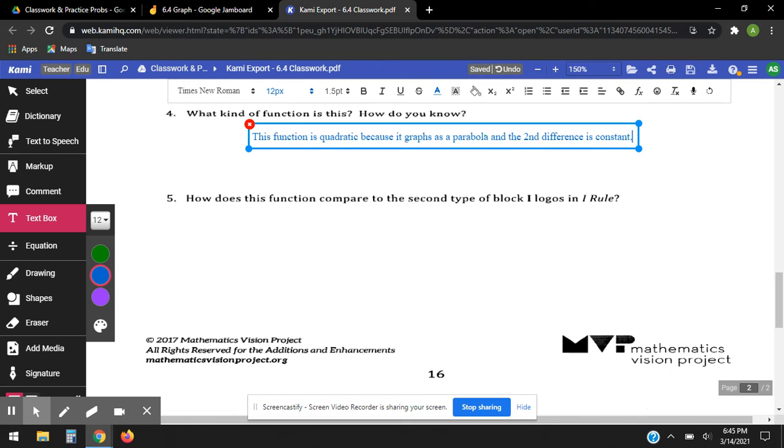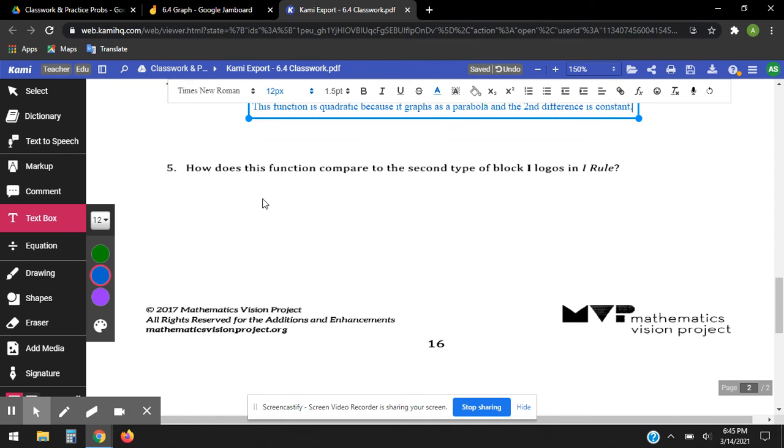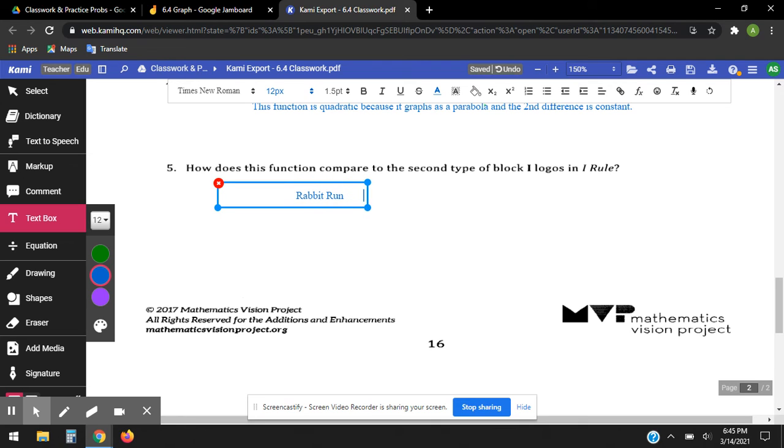How does this function compare with the second type of block logos in I rule? Okay, so let's make up a little bit of a table here. Makes it easier to do these. So we have this one, which is rabbit run. How does this compare to I rule?